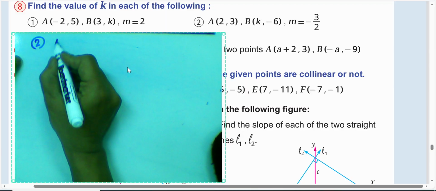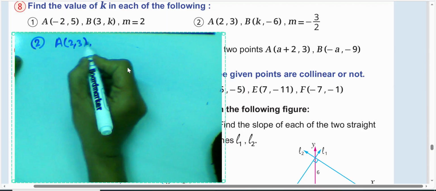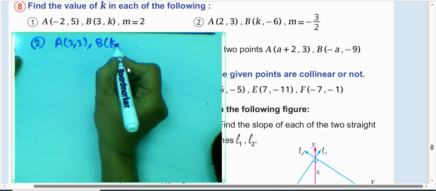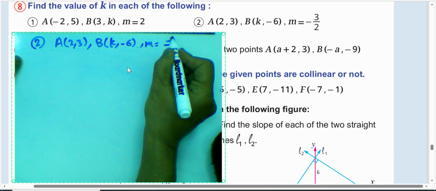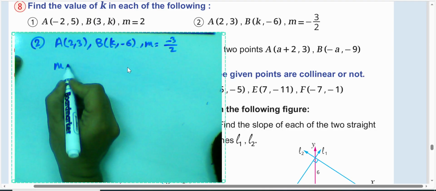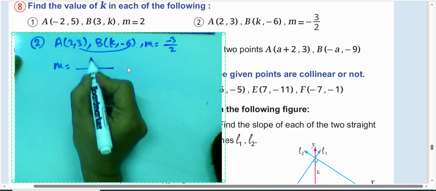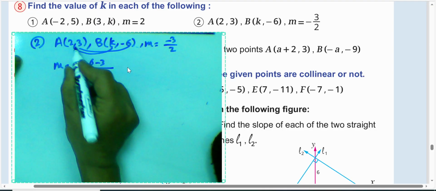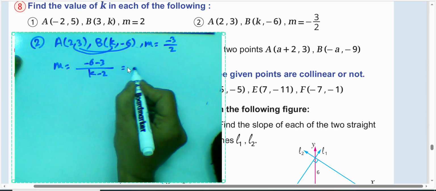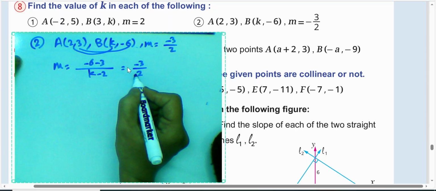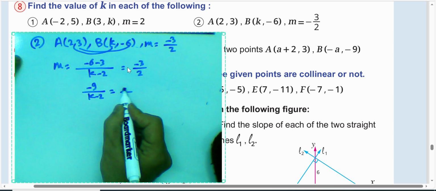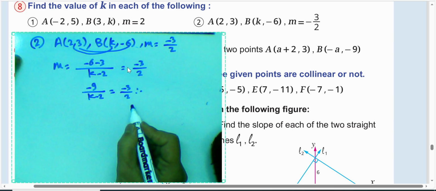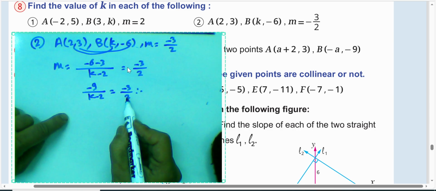Question number 2, we have the points (2, 3) and (k, negative 6), and the slope is negative 3 over 2. Then the slope will be equal to negative 6 minus 3 over k minus 2 equals negative 3 over 2. Negative 6 minus 3 is negative 9 over k minus 2 equals negative 3 over 2. Then the product of extremes equals the product of means.